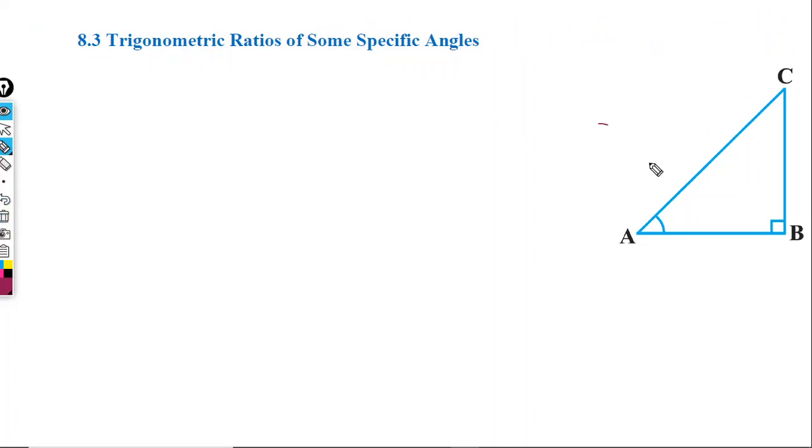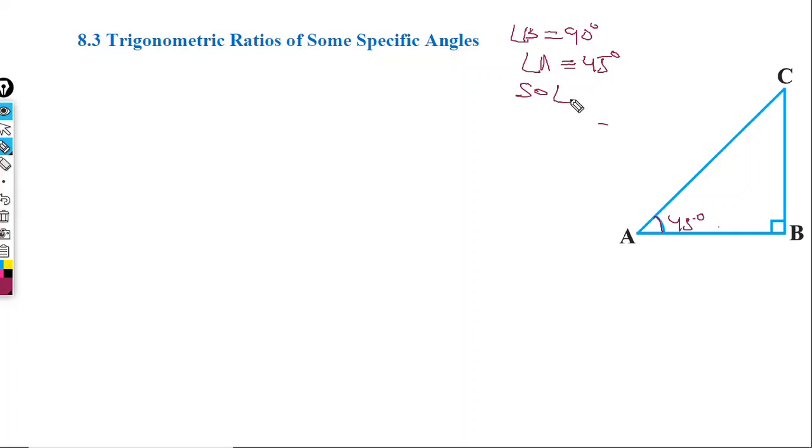Now we have taken a triangle ABC, you can see, in which angle A is equal to 45 degree. As triangle ABC is a right angle triangle, therefore angle B is equal to 90 degree and angle A we have taken equal to 45 degree.